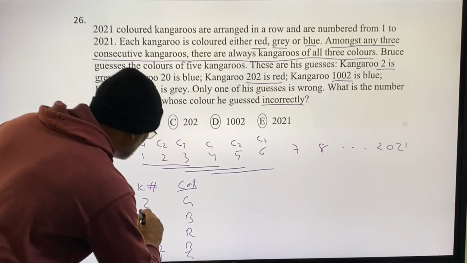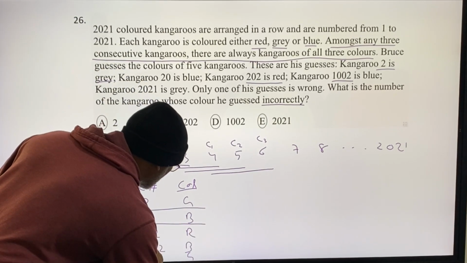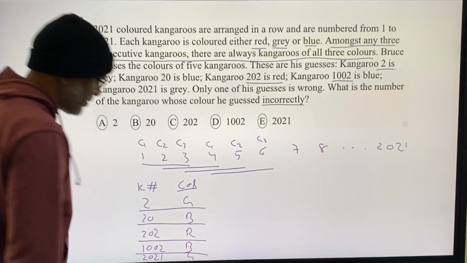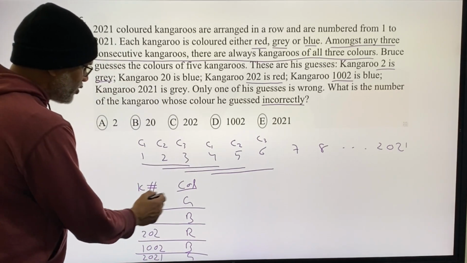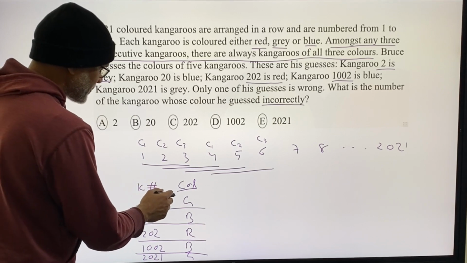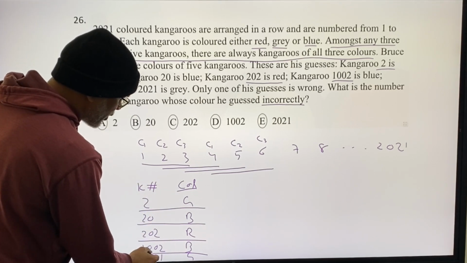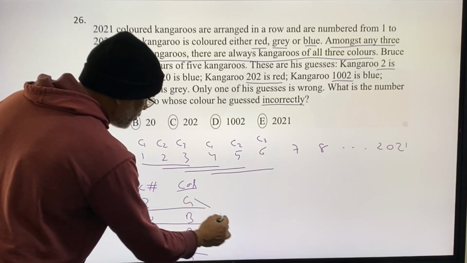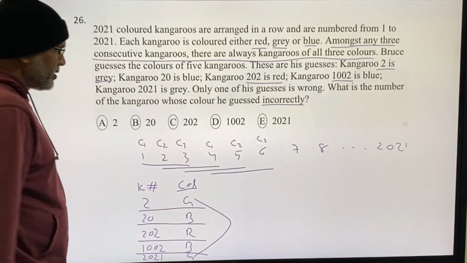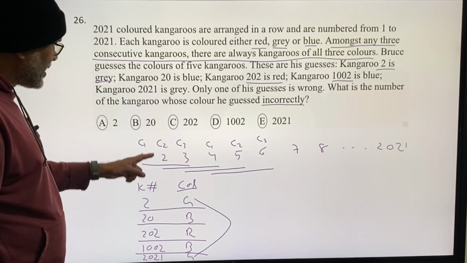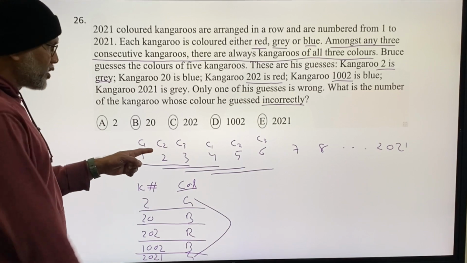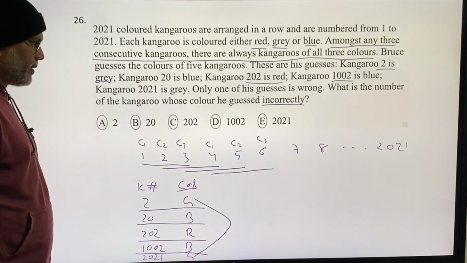Let me just mark it like this so that we don't get confused. Let's assume that 2 is gray, right? And then we have another gray for 2021. So do they match this pattern? If 2 is gray, is 2021 going to be gray?